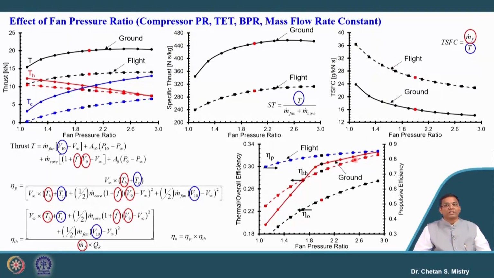So, in this case we have seen that for the ground condition, with the increase of fan pressure ratio, our thermal efficiency was increasing. And for the flying condition we have observed that when we increase the fan pressure ratio, propulsive efficiency increases, and that is reflected in the increase of our overall efficiency.